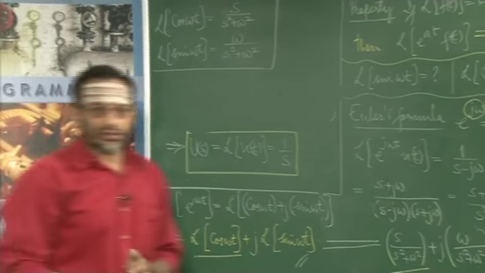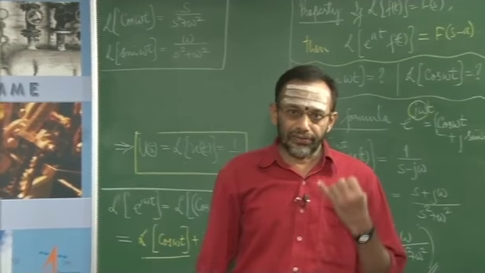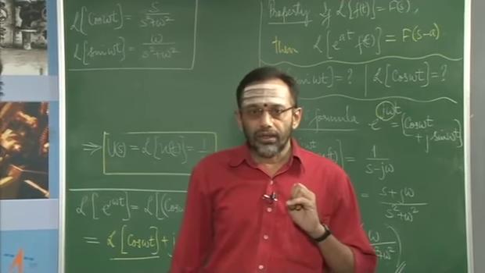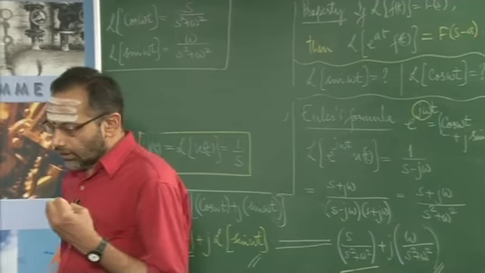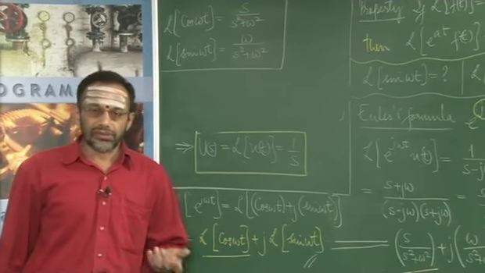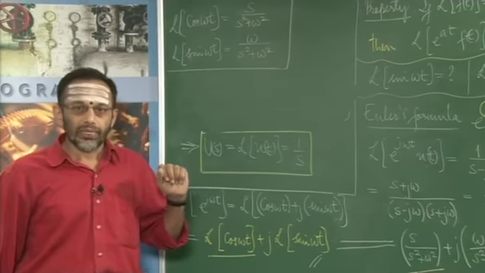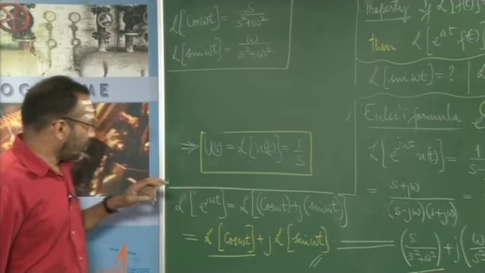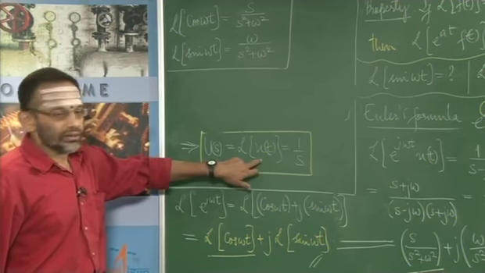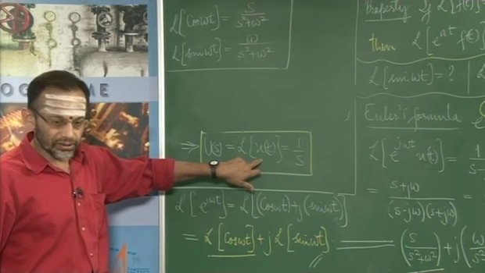So, what is it that we have seen till now? We have seen the definition of Laplace transformation. We have seen the property of Laplace transformation as a linear transformation. Then we have derived the Laplace transform of the very useful function, which is a unit step function.